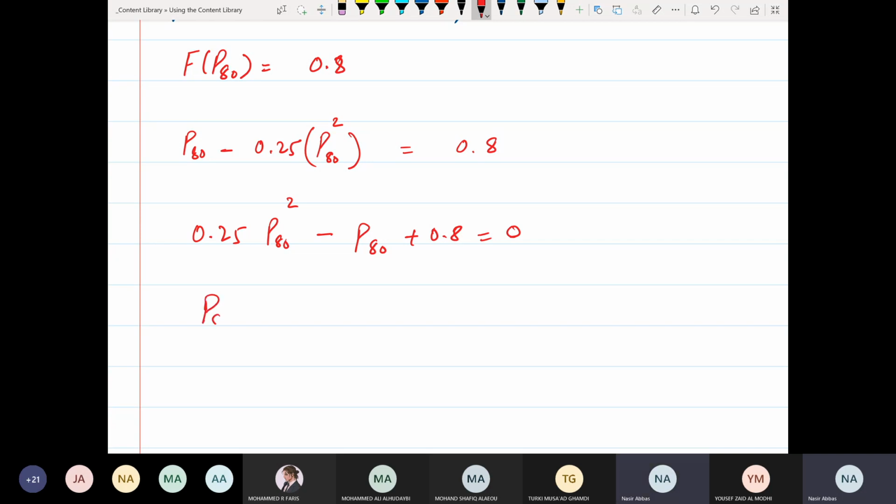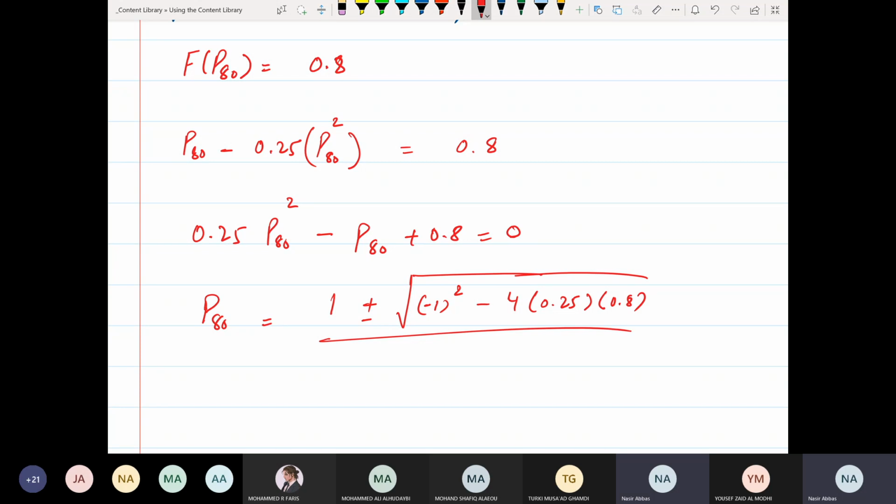So P80 is 1 plus minus square root of minus 1 square minus 4 times 0.25 times 0.8, divided by 2 times 0.25. Did I apply the formula right? Minus b plus minus square root of b square minus 4ac. Is it right? Yes.